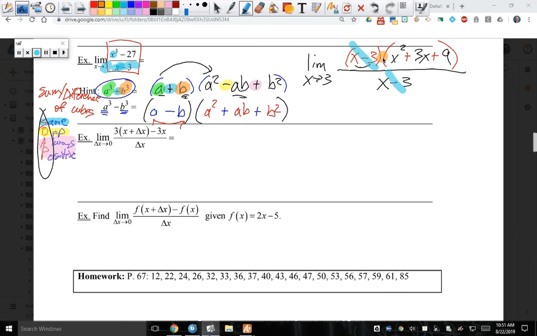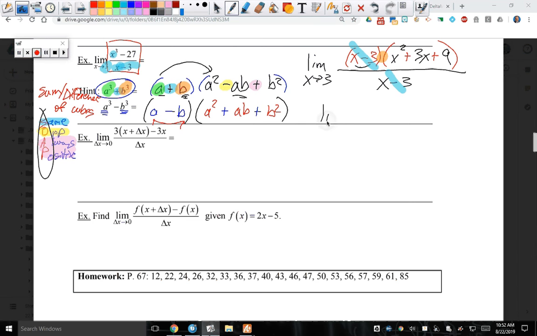On a graph, what does this represent? A removable discontinuity, a hole in the graph. Okay? So what's going to be graphed is a quadratic. This x squared plus 3x plus 9, it's a quadratic. It's a parabola of some kind with a hole at 3. Okay? That's what's visually happening.